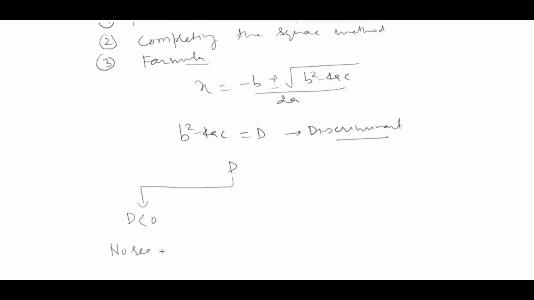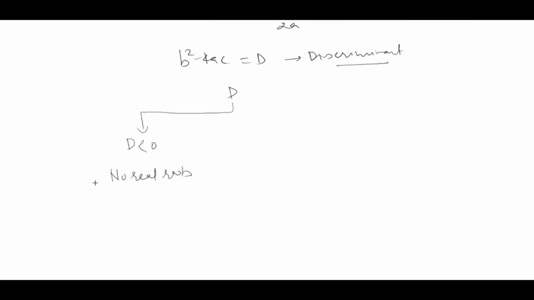Later on, we will learn that there will be imaginary roots, and they will occur in pairs. I would write it here because I don't know whether it has already been written. So no real roots; you can say imaginary roots, and the imaginary roots occur in pairs.